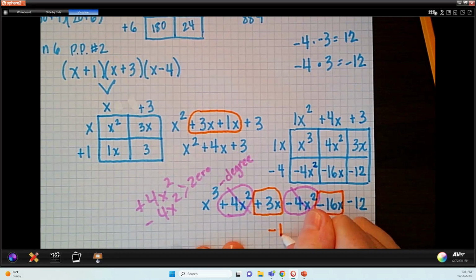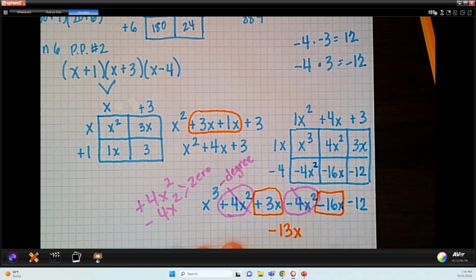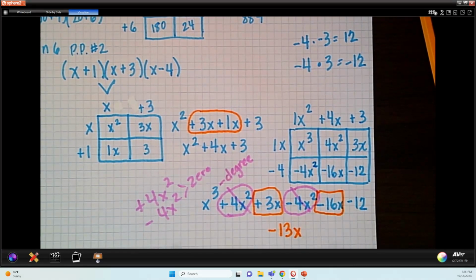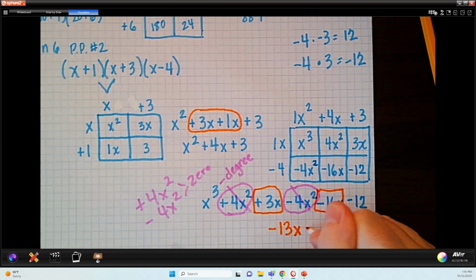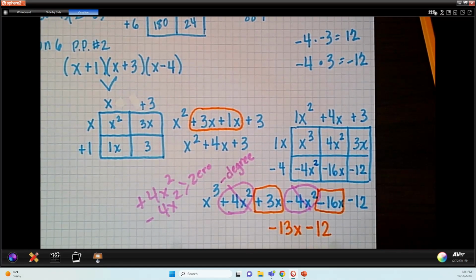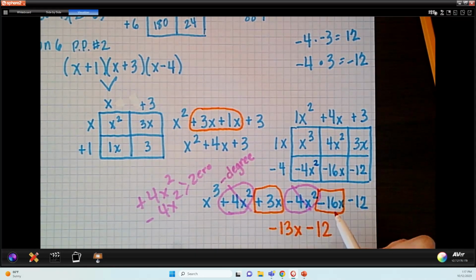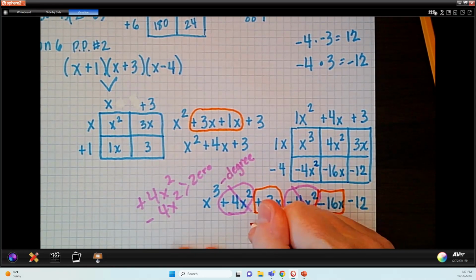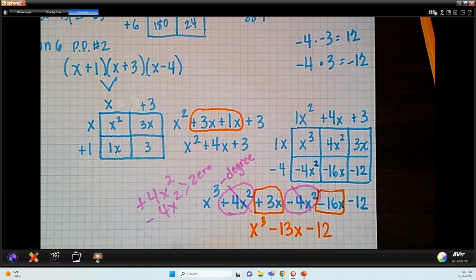So I'm just going to record that, negative 13x. Now, I have my negative 12. I'm just going to go ahead and bring that down because there were no other like terms. There's no other numbers without a variable. So he's the only one. I just fixed this set and then my x to the third power. And I'm finished. I just simplified my polynomial.